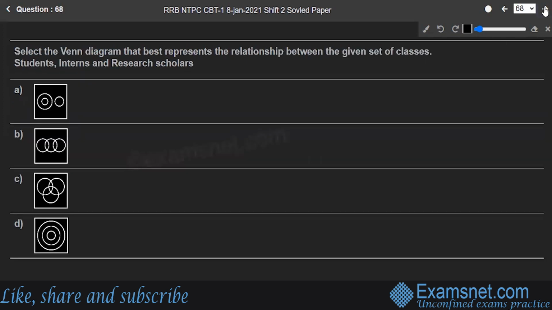You have to select the Venn diagram which best represents the relationship between students, interns, and research scholars. Well, let's try and make the Venn diagram. Some research scholars are students and interns. So I can make it like this. These are research scholars. Some research scholars are students, and some research scholars are interns, and some students are also interns.